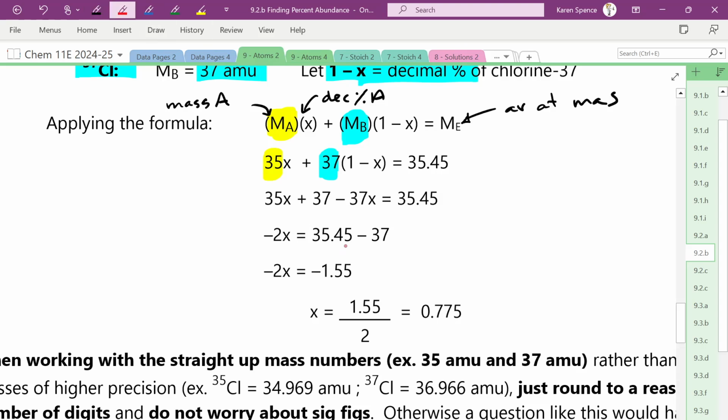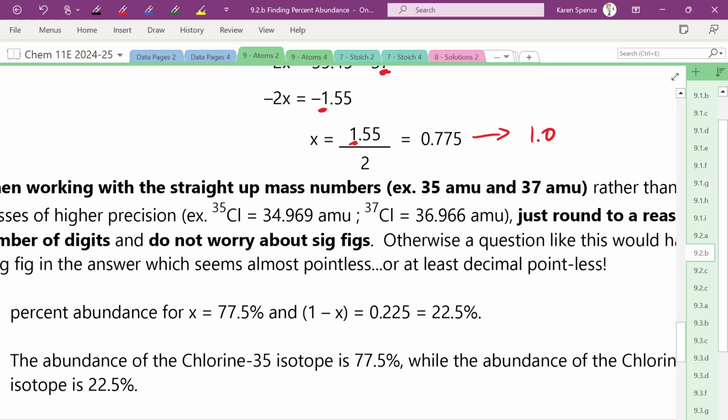However, if we look at our sig figs, our uncertain digit is in the ones position. But I'm not going to round off until I get to the end. So this would then become 1.0. This becomes kind of a stupid problem.